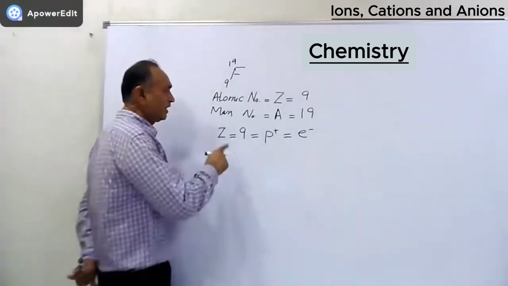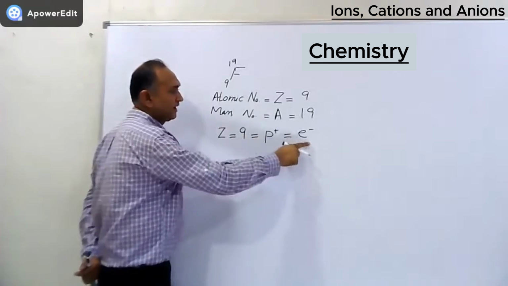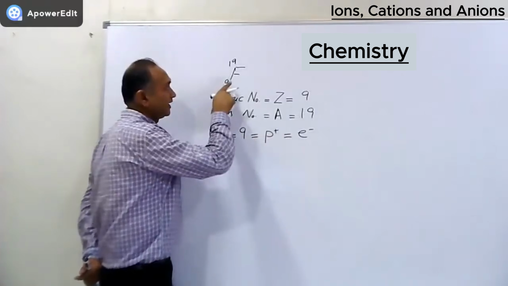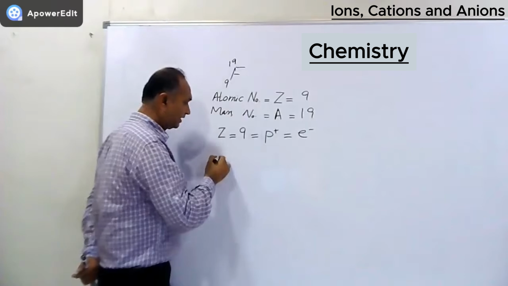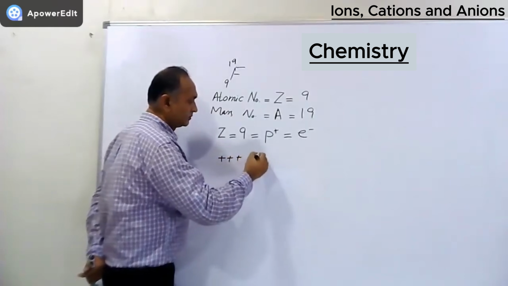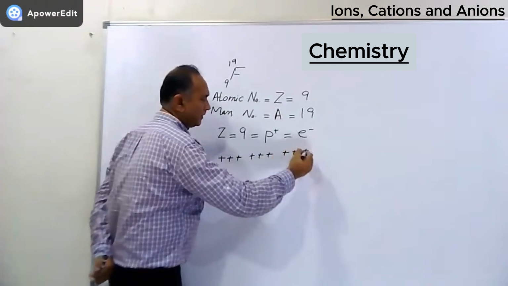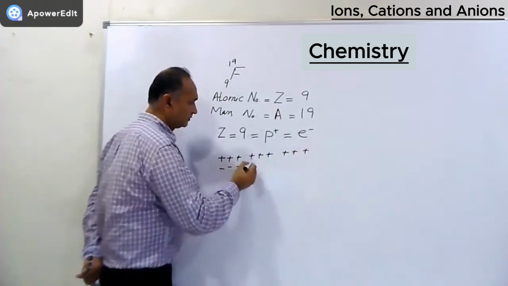So if someone asks how many protons it has, 9. How many electrons it has? 9. So an atom of fluorine has 9 protons and 9 electrons.